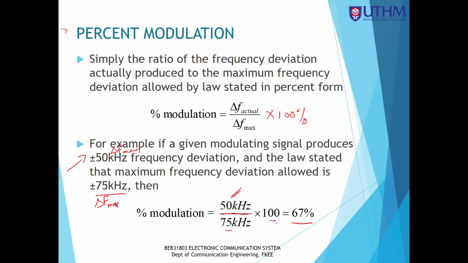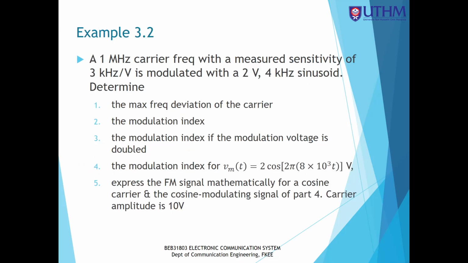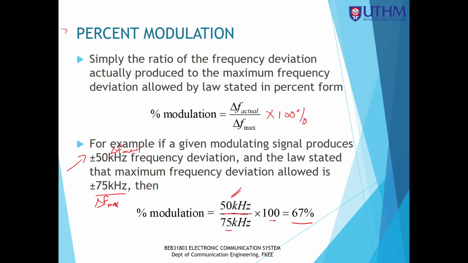If you see from here, 50 divided by 75, you're gonna get 66.6666. In the exam, don't round up the value like this. This is just for the example, but in the exam you should write a proper value. It is supposed to be around 66.67%, so more accurate.